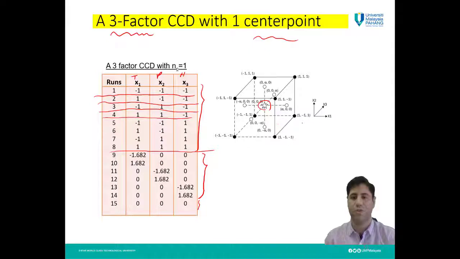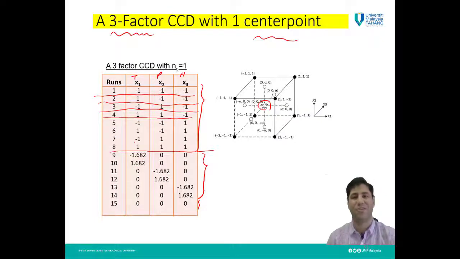This is an experiment with 3 factors, and you can see the levels for each factor: 5 levels, -1.682, -1, 0, +1, and +1.682.